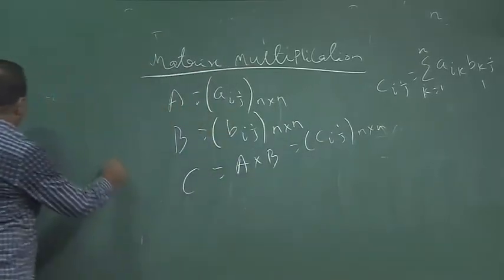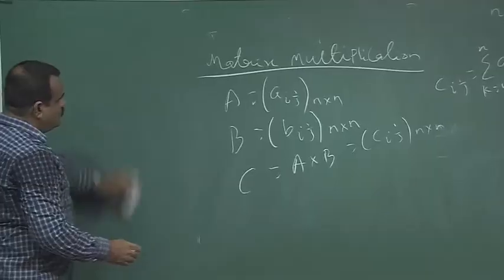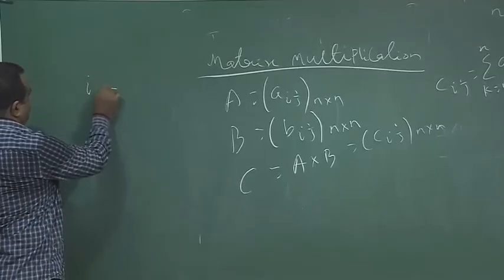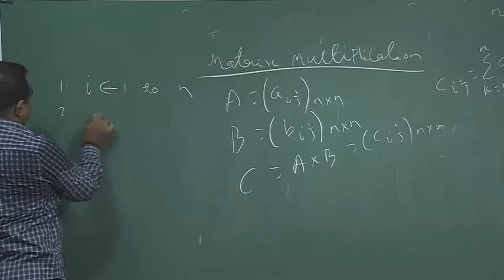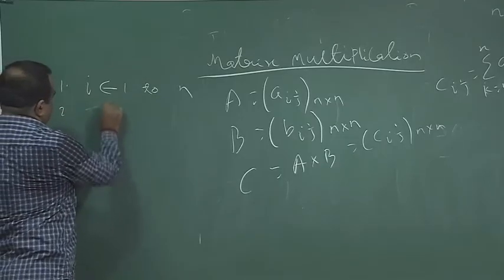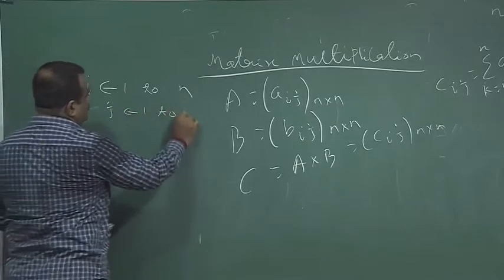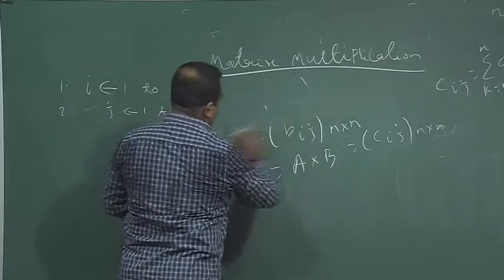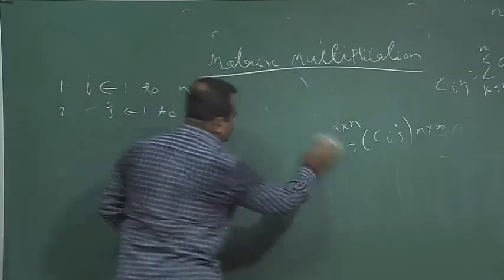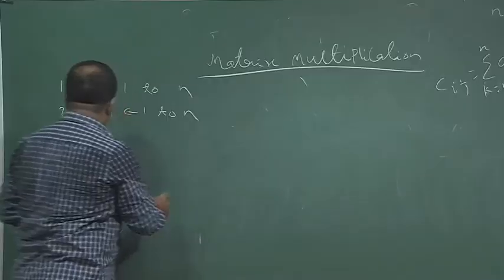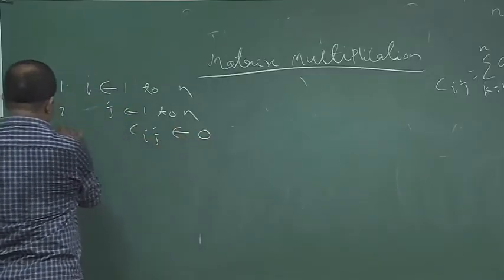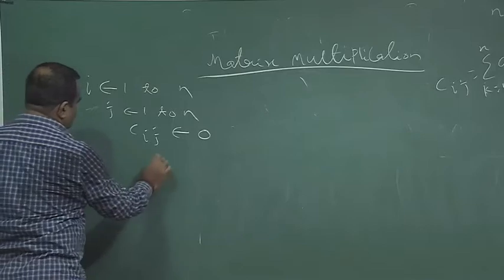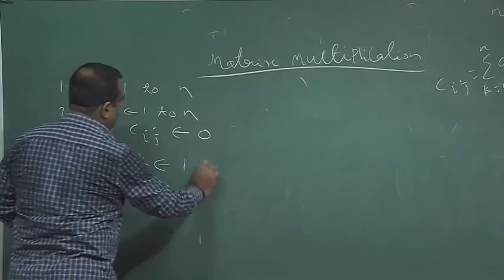We can have the standard pseudo code for this. We start with i from 1 to n, then j from 1 to n, and then we take C(ij) as 0, and then k from 1 to n.